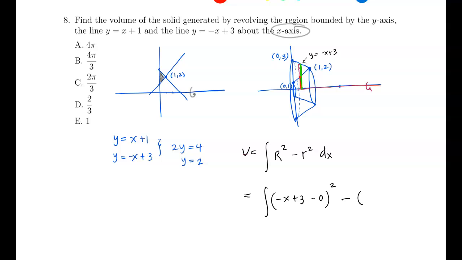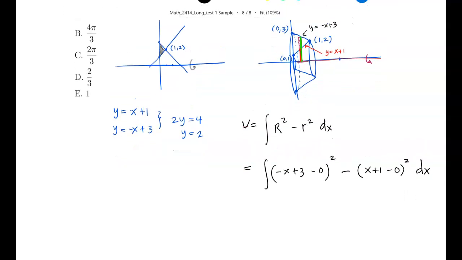The function at the top is this line here, and that line is the line y equal to x plus 1. So you will have x plus 1, that's the top function, minus the bottom function, which is the x-axis. And then you square that, dx.